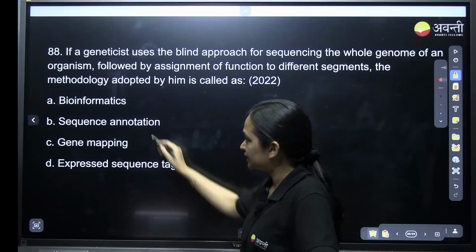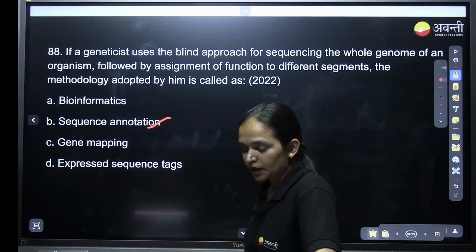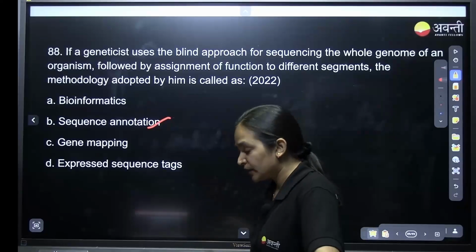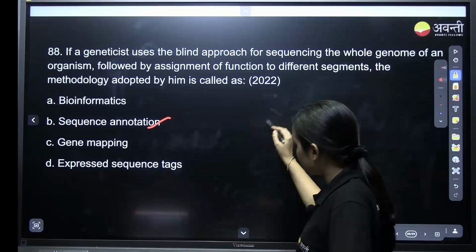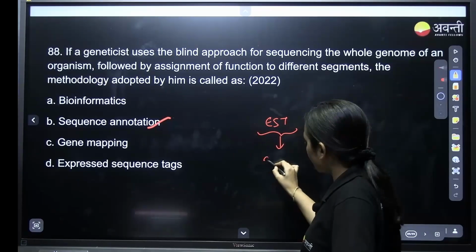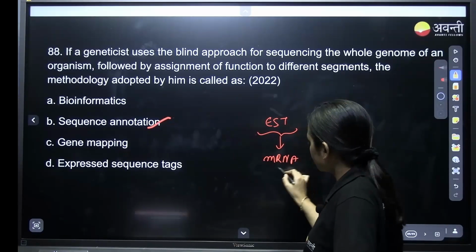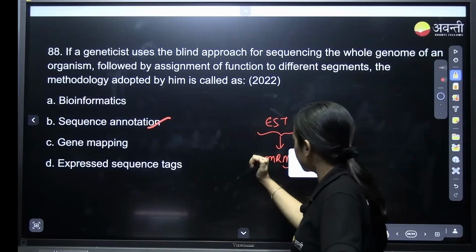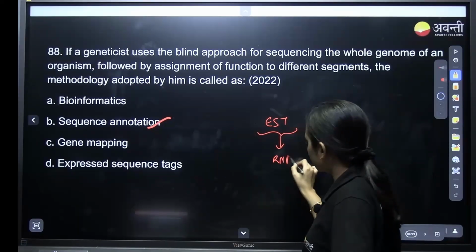Another one we call sequence annotation. In expressed sequence tags, only the part coding for mRNA or RNA was sequenced.